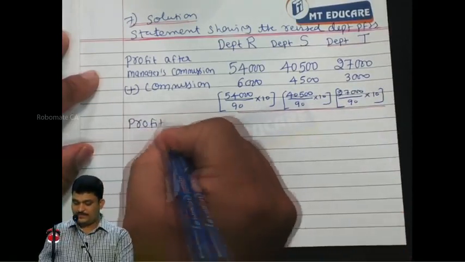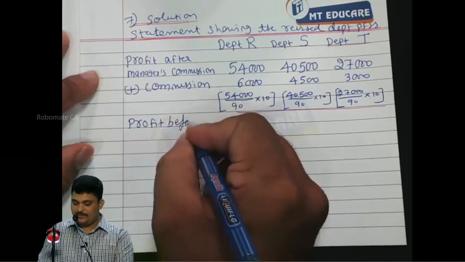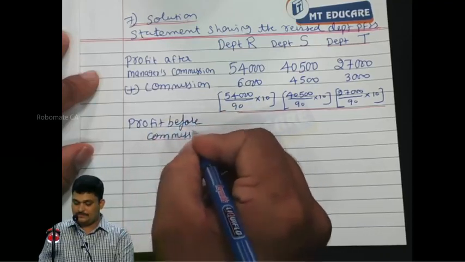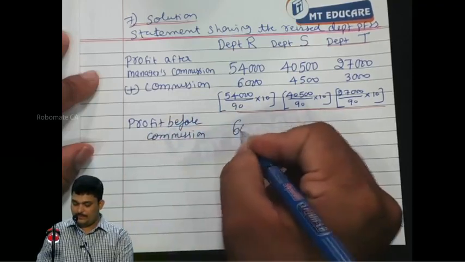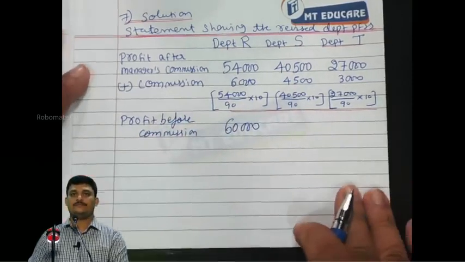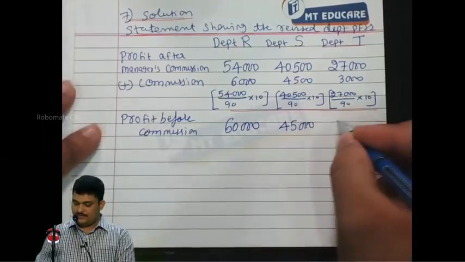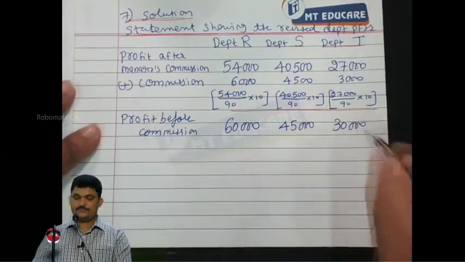Profit before commission: 60,000, 45,000, 30,000.